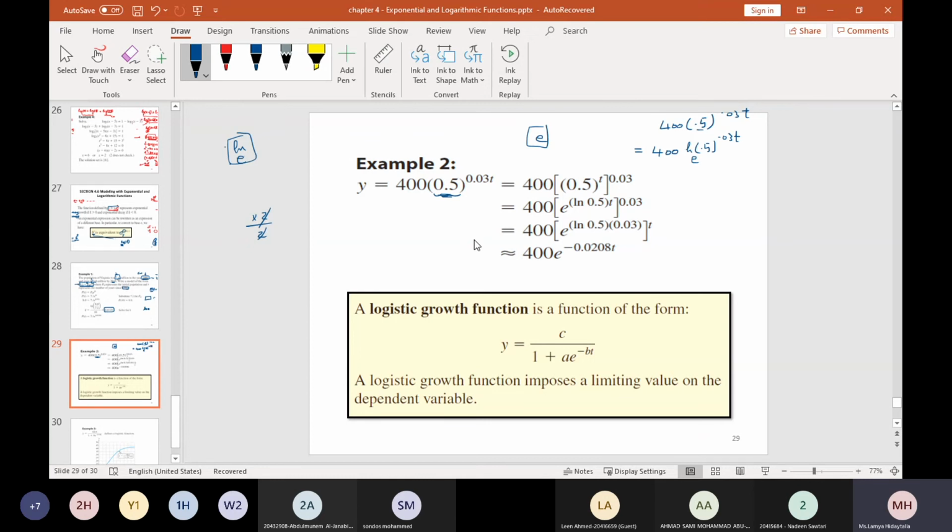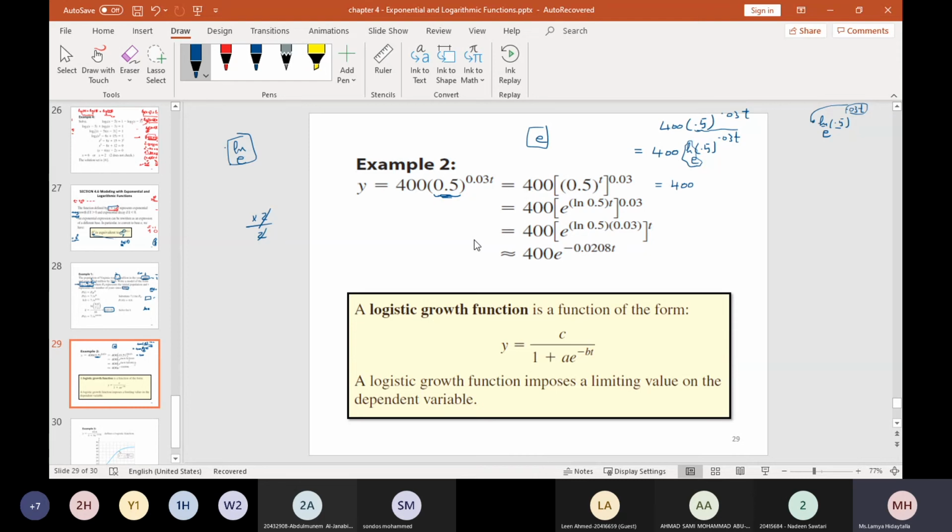I changed nothing, because this part is just the 0.5 to the power 0.03t. So now this is equal to 400 as it is, correct? Then we have the power, e to the power ln 0.5 to the power 0.03t.